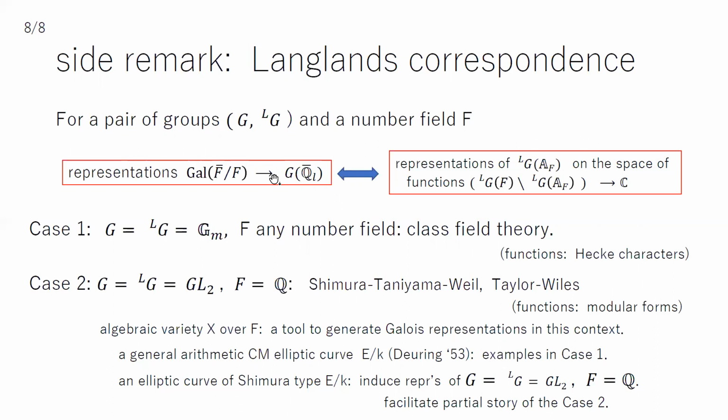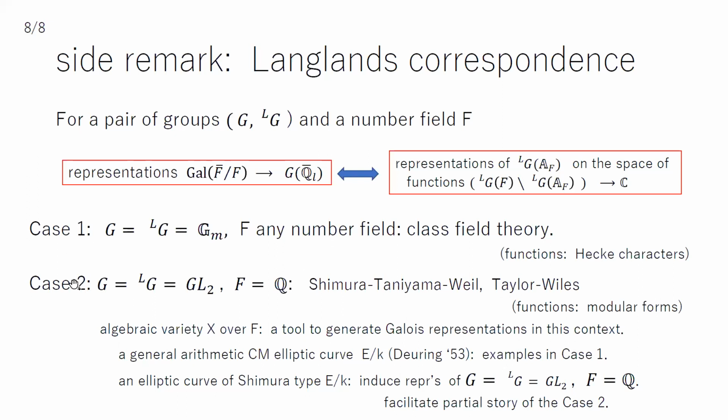The correspondence between the one-dimensional representations of the Galois group here, and the functions in that context, which are regarded as Hecke characters, is a one-to-one correspondence between the Hecke characters and the abelian representations of the Galois group. That's called class field theory, and it was established a long time ago.